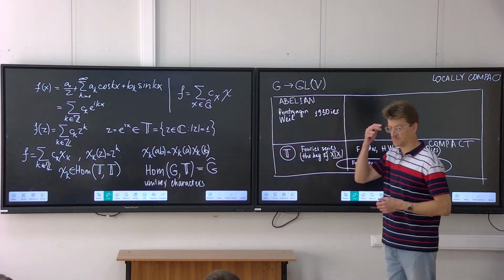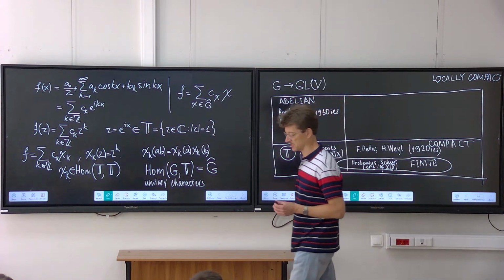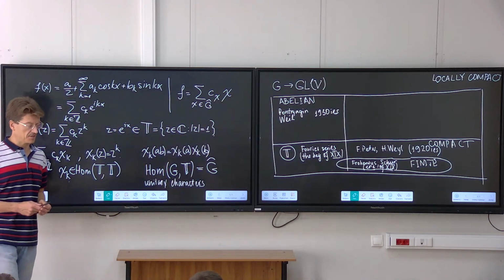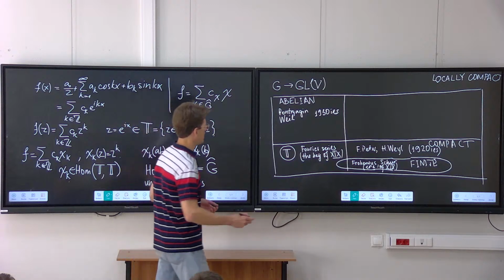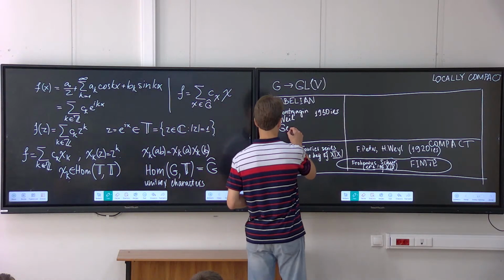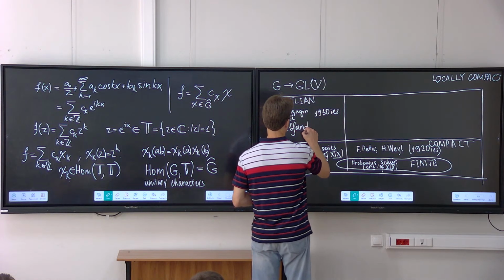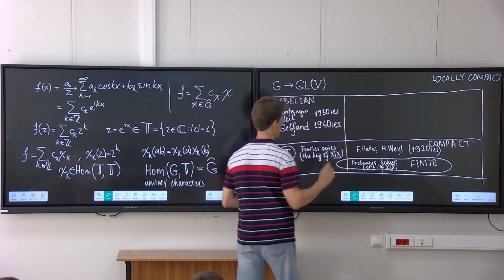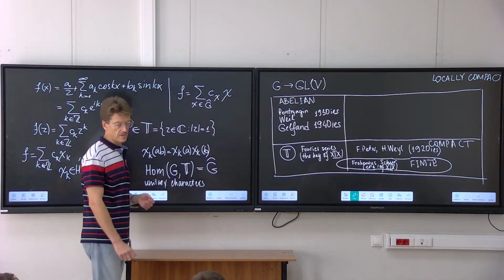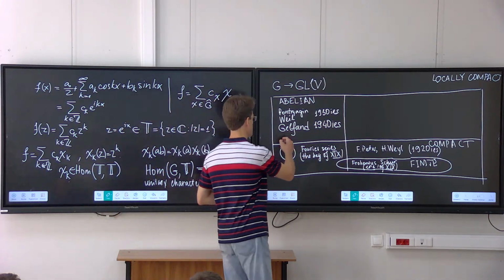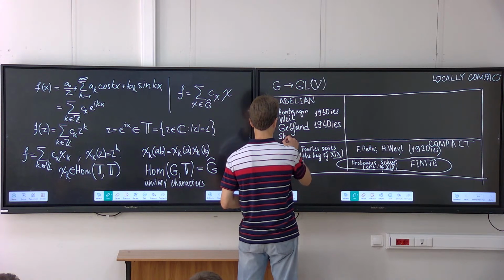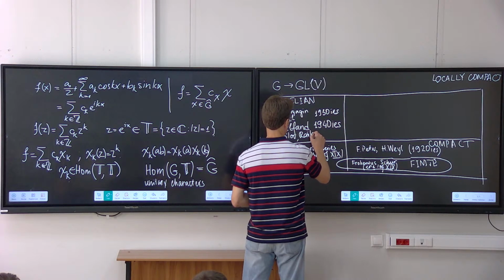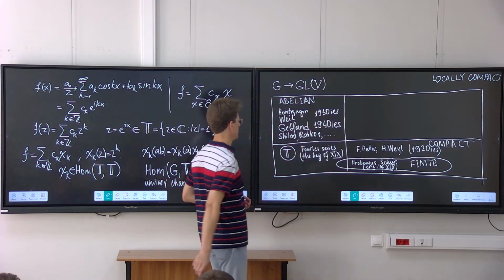However, the most elegant approach to harmonic analysis on locally compact abelian groups was in fact initiated by Gelfand in the 1940s. And this approach is essentially based on the theory of commutative Banach algebras. This approach was further developed by many other brilliant mathematicians, Shilov, Raikov, and by many other people.